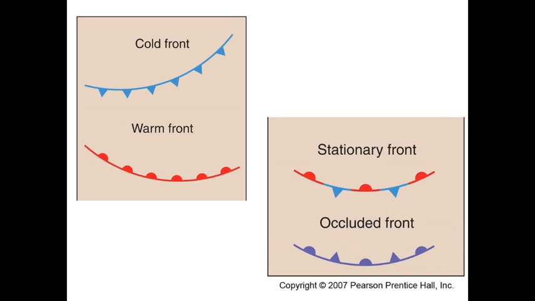And last but not least, an occluded front. The one thing I will say about an occluded front is, since the semicircle and triangle are on the same side, I bet you guys would buy this, that basically you know that this thing is moving this way. The predominant motion is this way. It's always pushing towards the symbol.